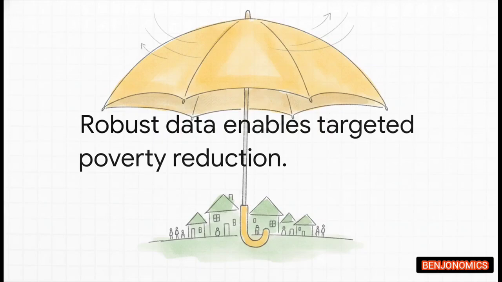By using these severity indices, spatial mapping, and vulnerability regressions, policymakers can design heavily targeted safety nets. They don't just treat the current symptoms of poverty anymore. They can mathematically anticipate and prevent future vulnerability way before a household ever falls over the edge. It's a total game changer.